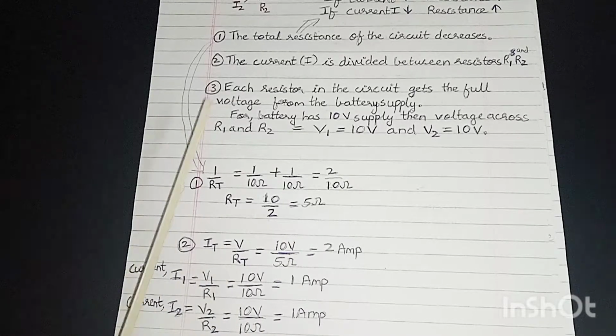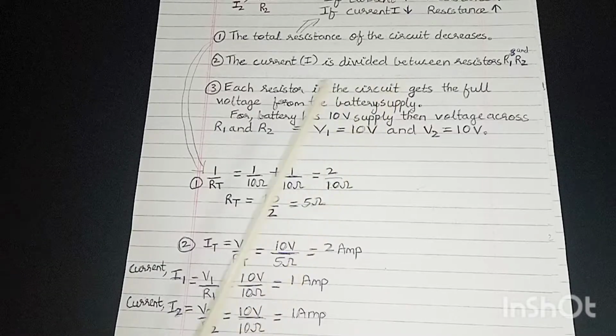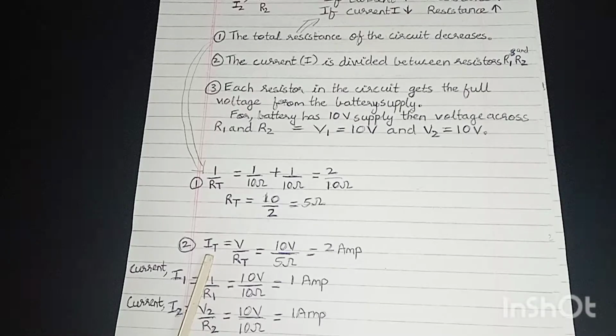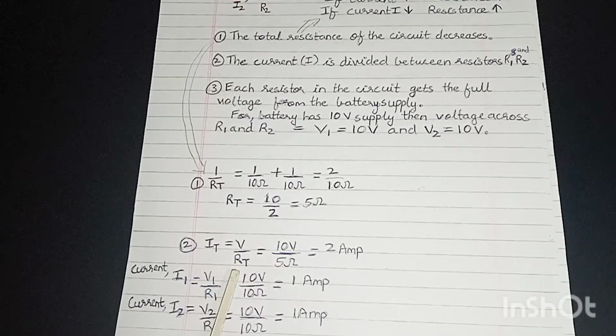Now coming to the second, where current is divided between the resistors. Now we have to prove how the current is divided between the resistors. For that we can use this formula: I total is equal to V divided by R total.